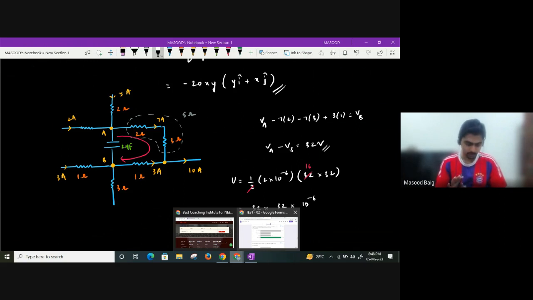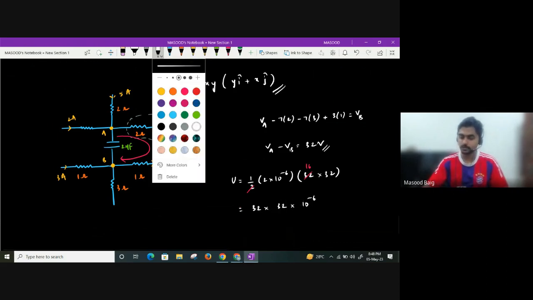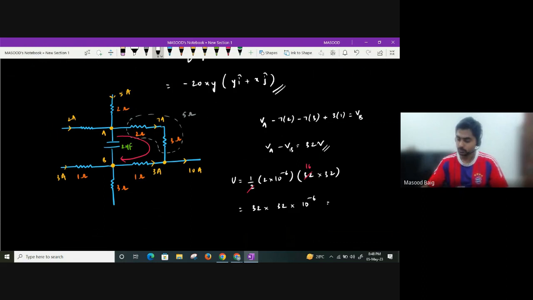Energy stored in the capacitor only they have asked. So I think 32 square will be 1024. So you can write this as 1024 into 10 power minus 6 joules, which I'll get as 1.024 into 10 power minus 3 joules. I hope it is clear.